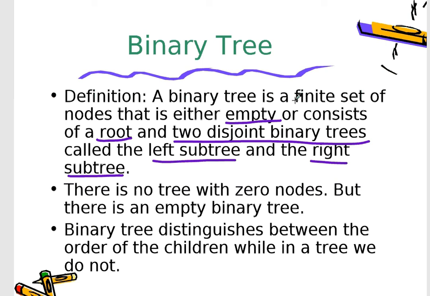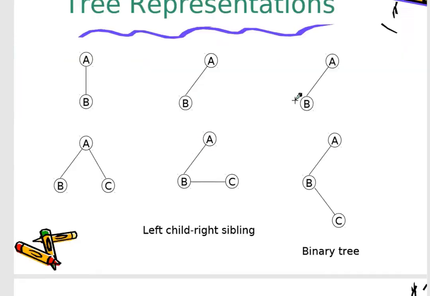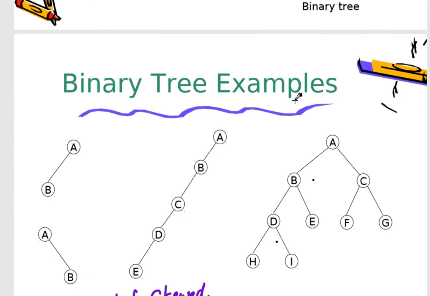But we can also say that rather than the general definition, a binary tree will have at most two children. So at most two children means it can have a single child, it can have degree 0, degree 1 and degree 2. Okay, so we can check binary tree examples.